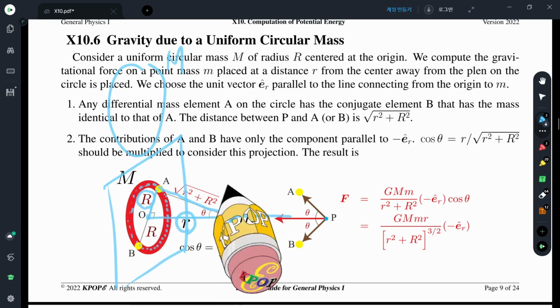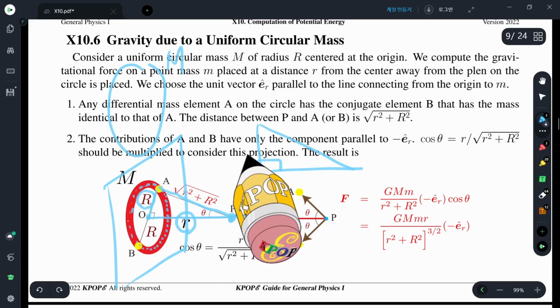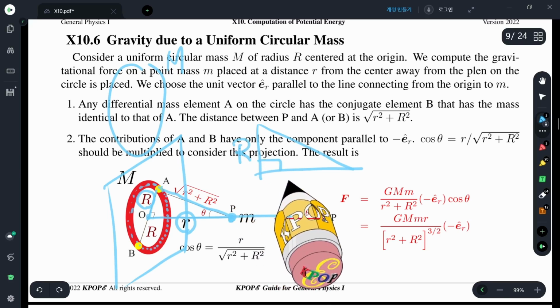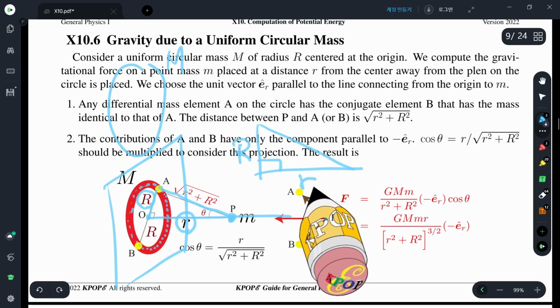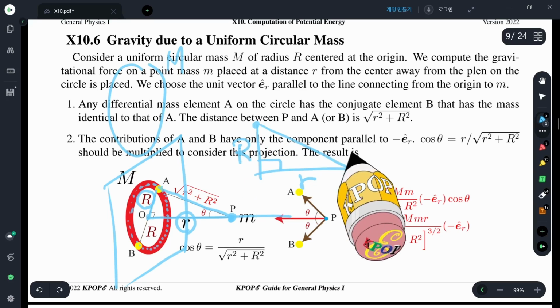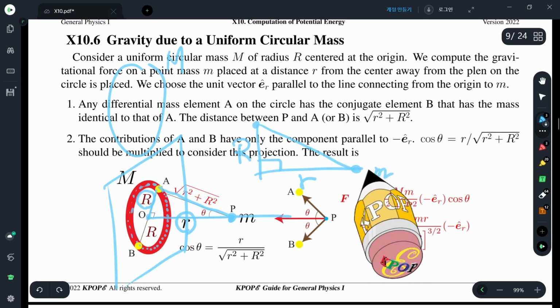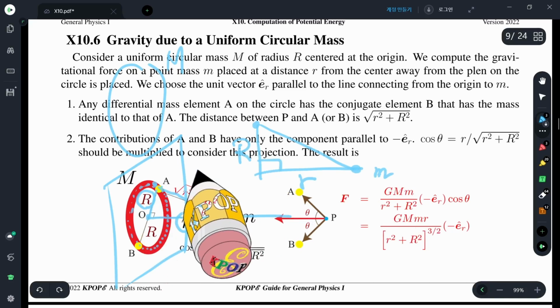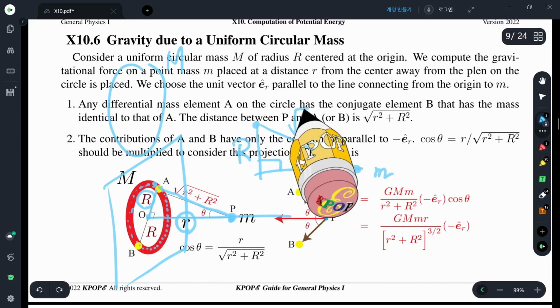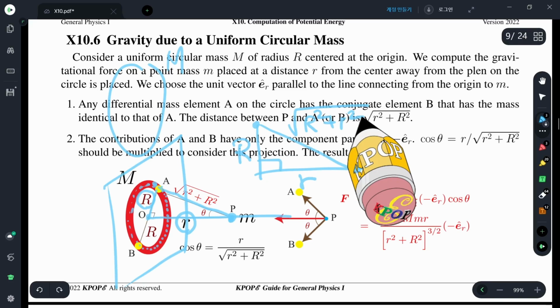The Pythagorean theorem can be used: with radius R and perpendicular distance r, the distance between the point mass and the partial mass is the square root of R squared plus r squared.